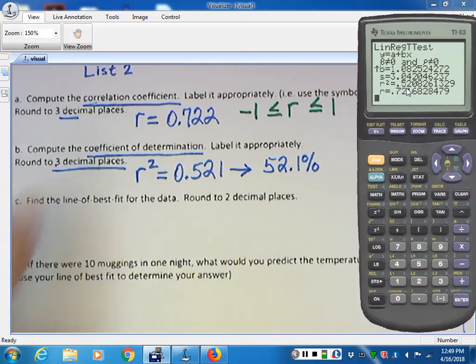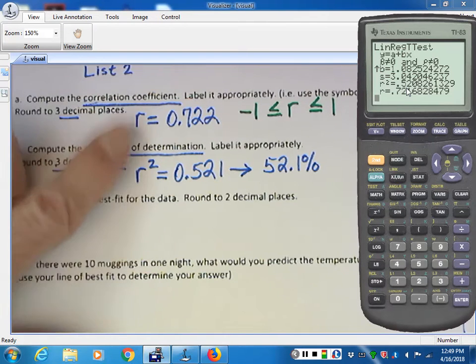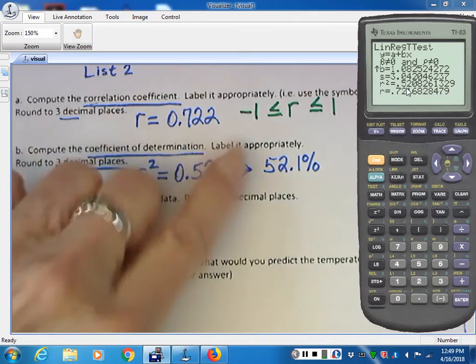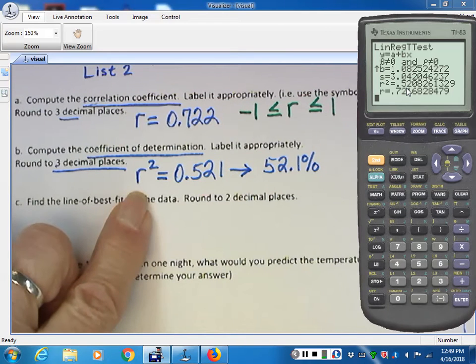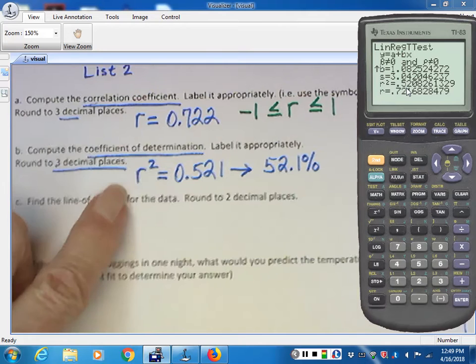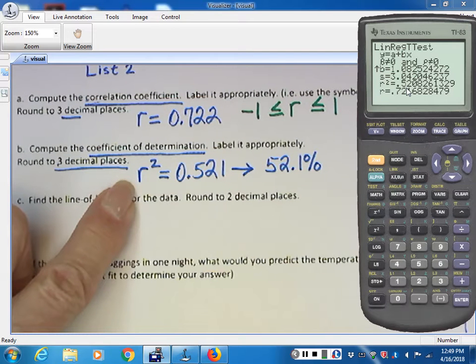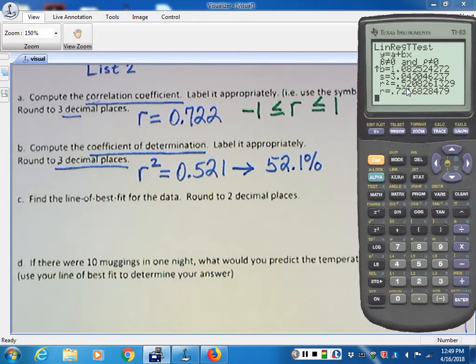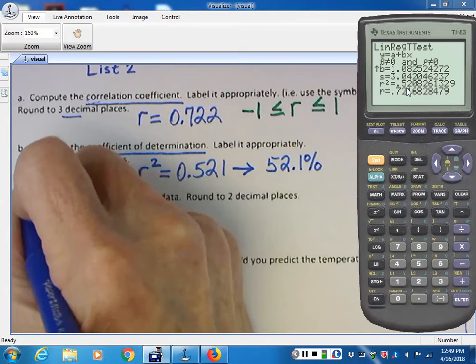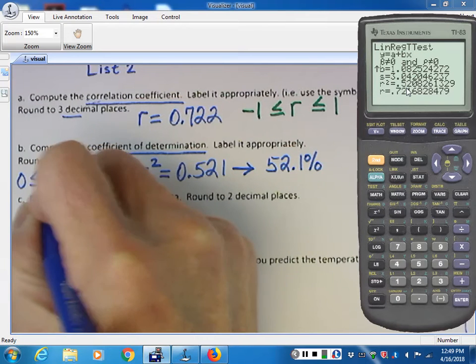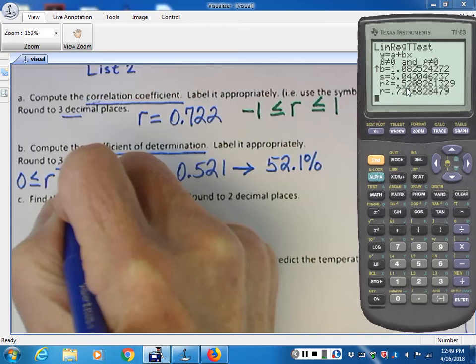Now, since it is literally the value of R squared, if R is negative, R squared is going to be positive. If R is positive, R squared is going to be positive. If R is 0, then R squared is going to be 0. So that means that R squared can only go from 0 to 1.